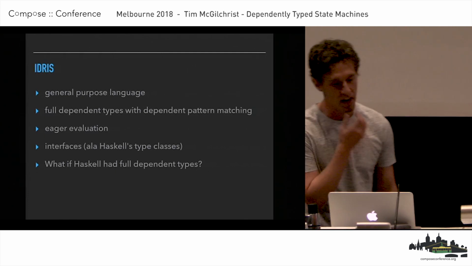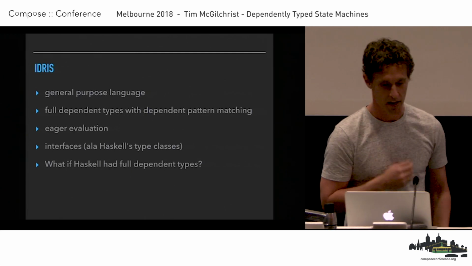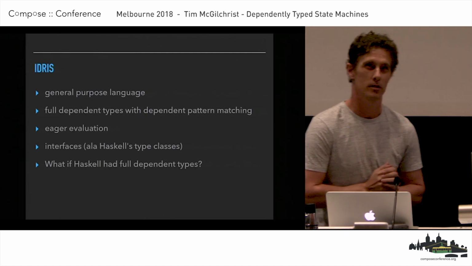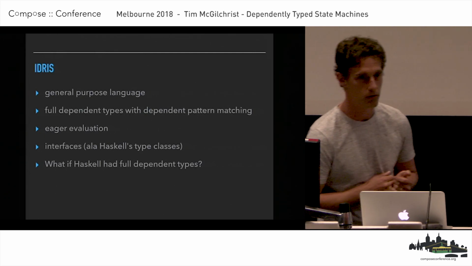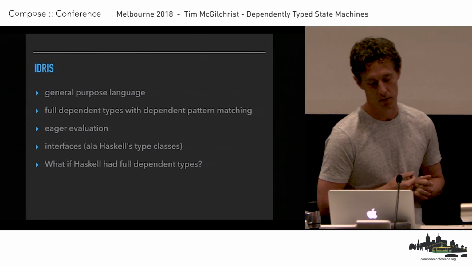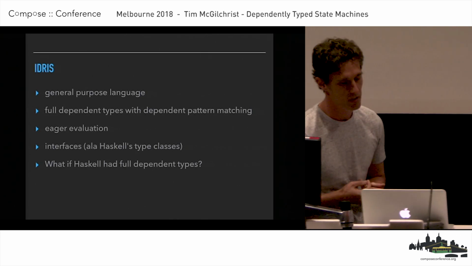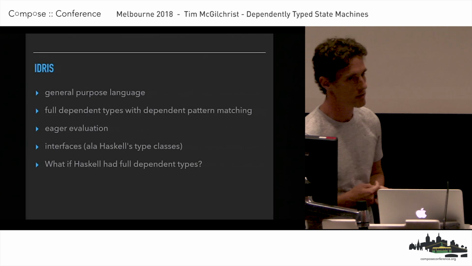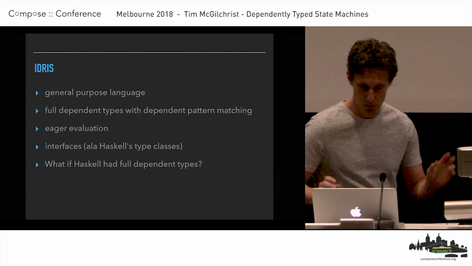So we've got full dependent types, we've got dependent pattern matching, it's got eager evaluation, so unlike, say, Haskell, which is lazy, this is strict, so it'll evaluate the arguments to a function before calling the function. And it's got something equivalent to Haskell's type classes, but they call them interfaces, and your implementations are called implementations.